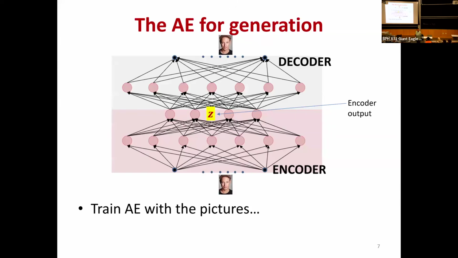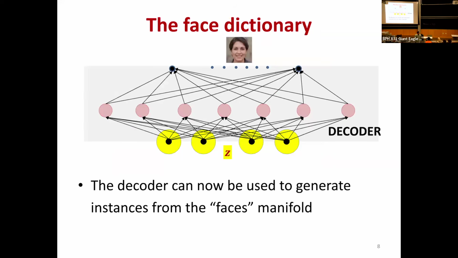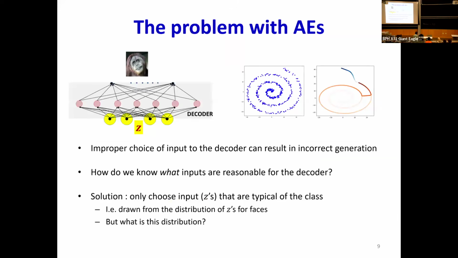But then we have a problem. And the problem we saw in the last class, so we can just use the decoder to generate more faces. The problem was this: when I trained an autoencoder, I did not have any constraint on what the hidden latent variable could be.